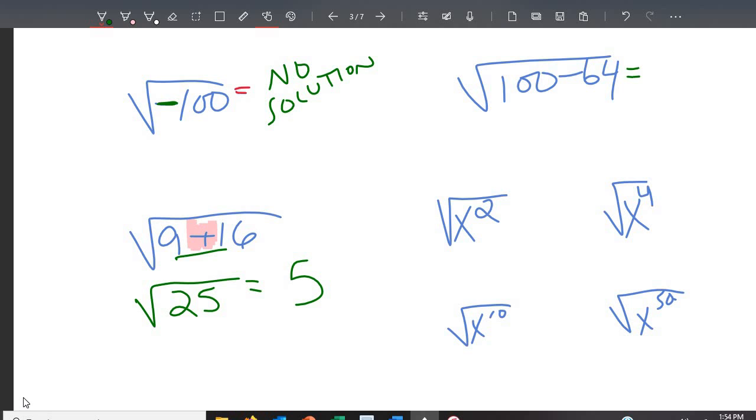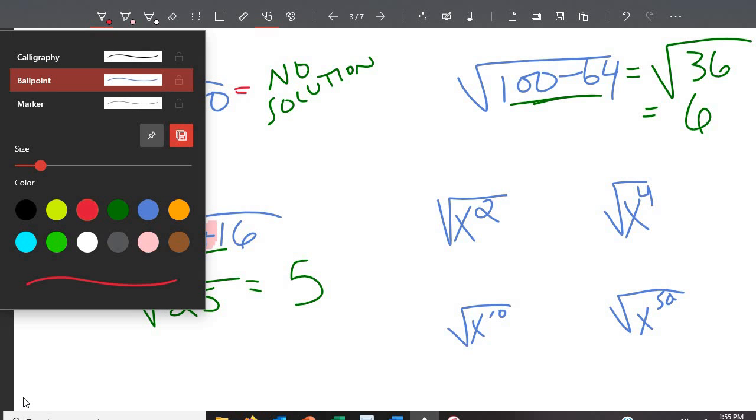So you always do what's under the root symbol first. So you subtract these two numbers. Then you take the square root. So don't do it separately. Add them first, and then take the square root.